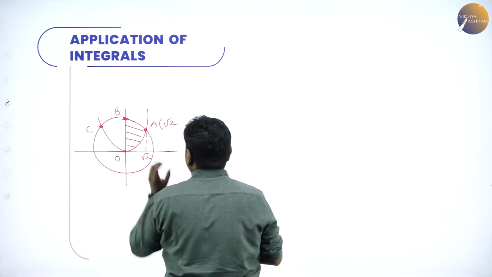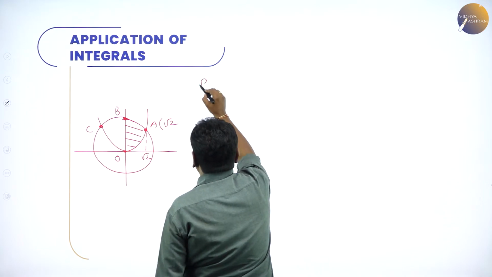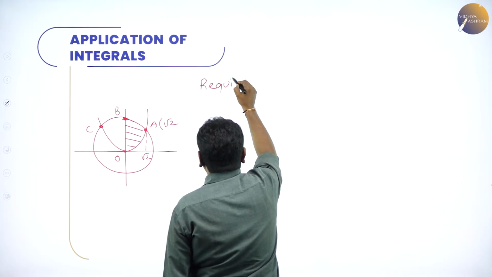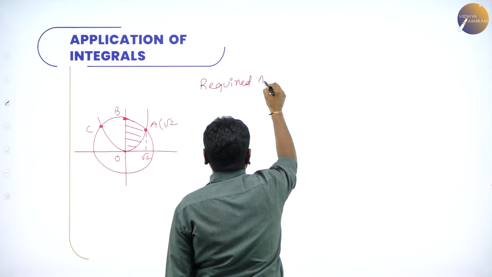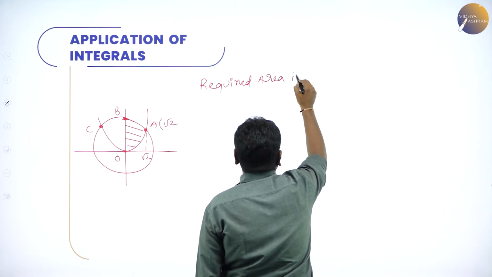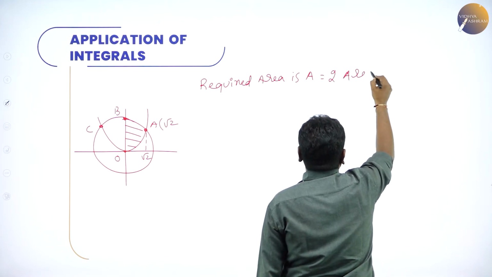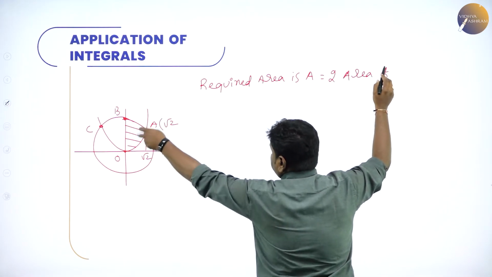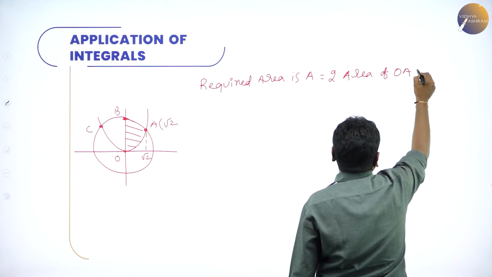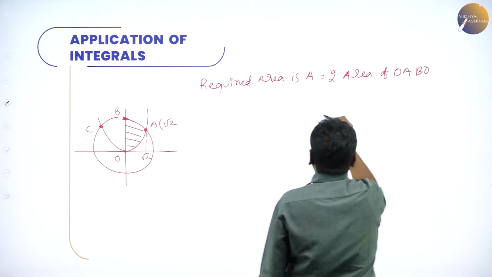This and this are symmetric. So what I will do, required area A is equal to 2 times area of OABO. Very interesting.